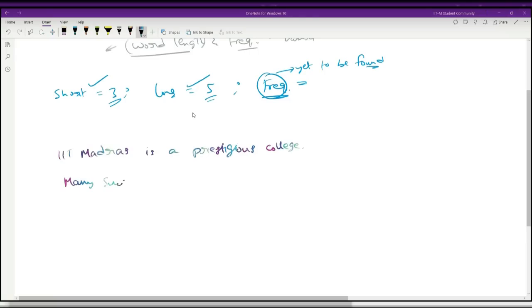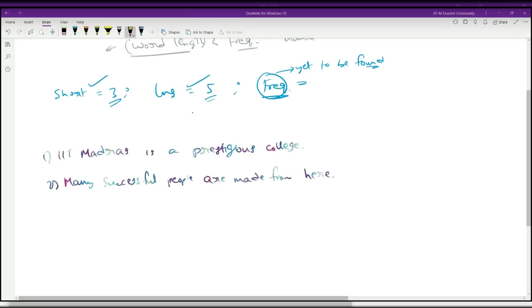Many successful students, so many successful people are made from here, something which is very rare. Okay, now let's consider these two sentences.